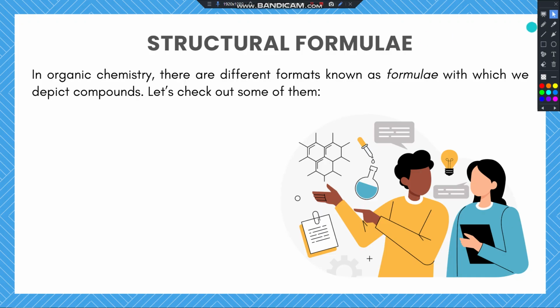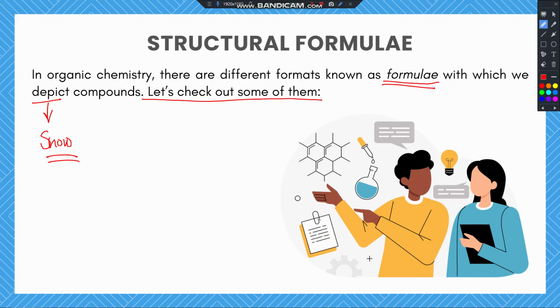Now before we even talk about that, let's make something clear. In organic chemistry, there are different formats and they are called formula in the plural form. And these formula are the formats with which we depict, which here simply means to show, compounds. Okay, so let's check out some of them.